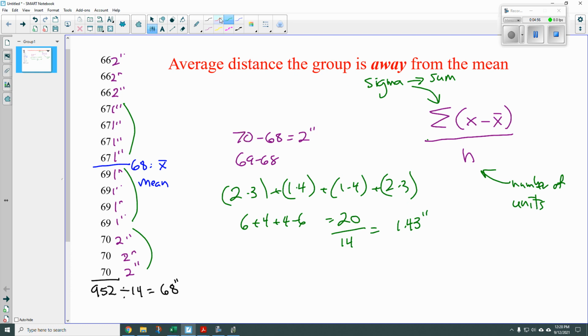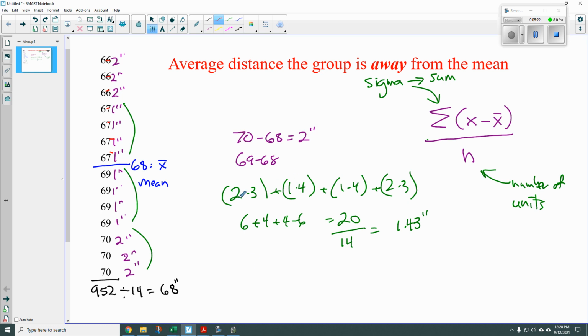Actually, if we did it that way, we would be looking at the absolute value of each of these. And the reason we had to do the absolute value in our initial pass at this is that in reality, each of these that are below 68 are negative numbers. Negative, negative, negative, negative, negative.